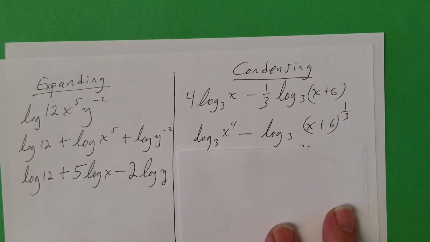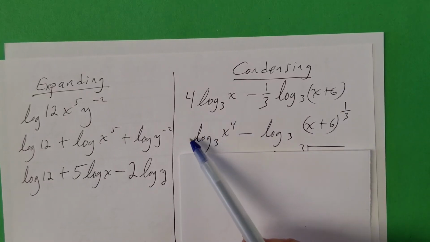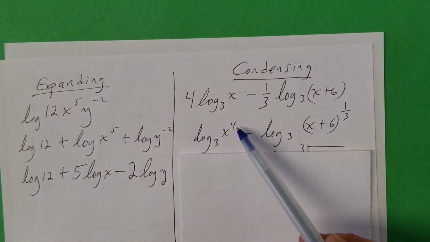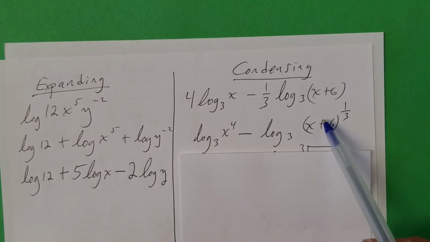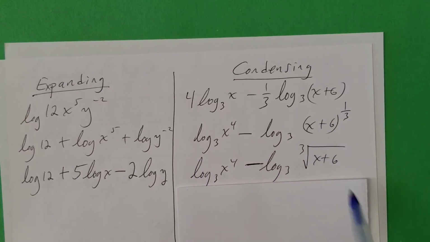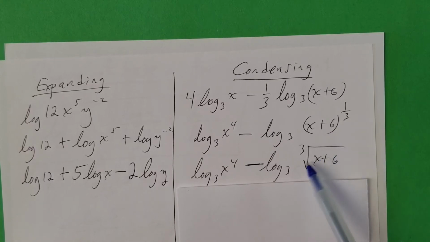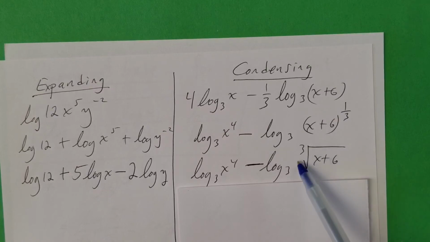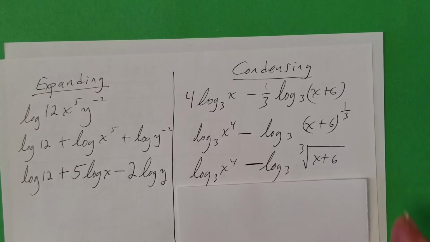So that's how I got this, right? Now what? Minus comes from the division of this and this, right? Oh, before we get to it, notice that I changed this back to a radical sign because it's easier to see and it looks better.